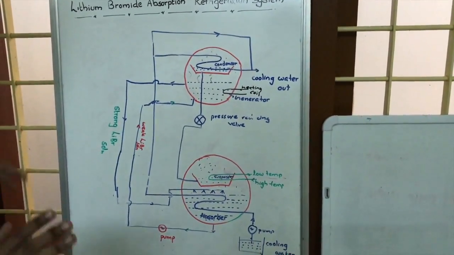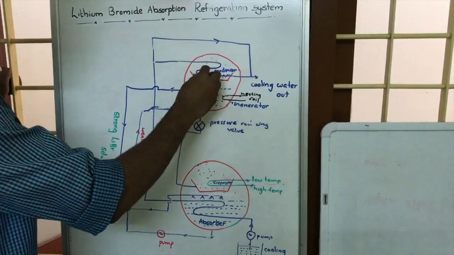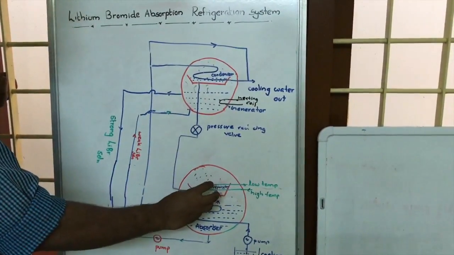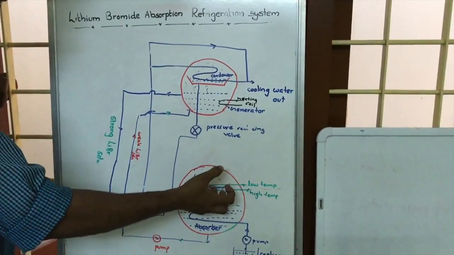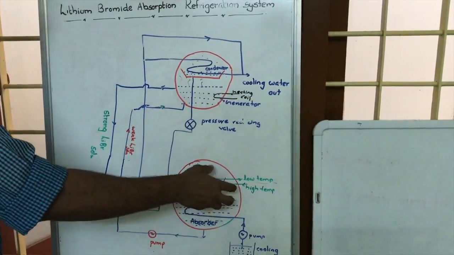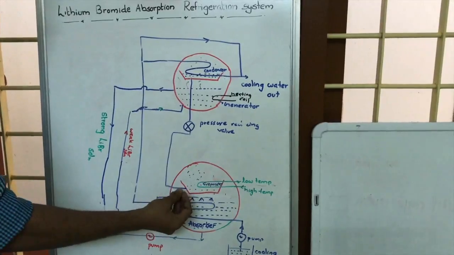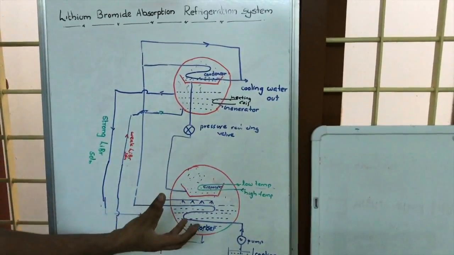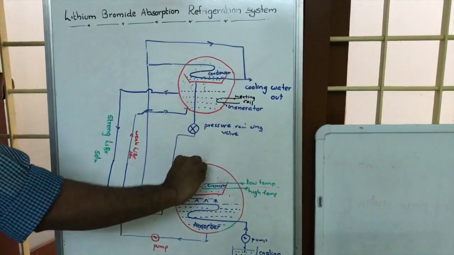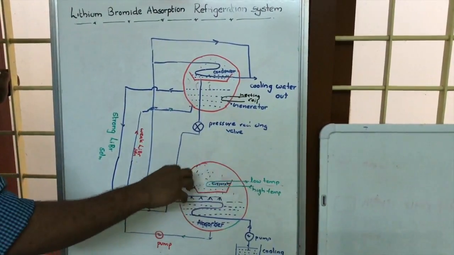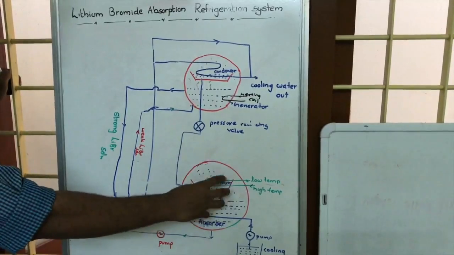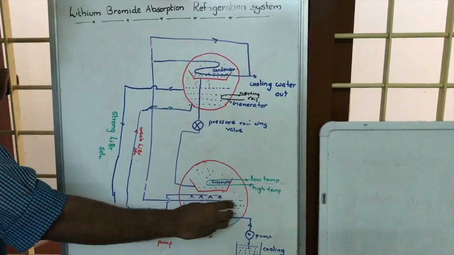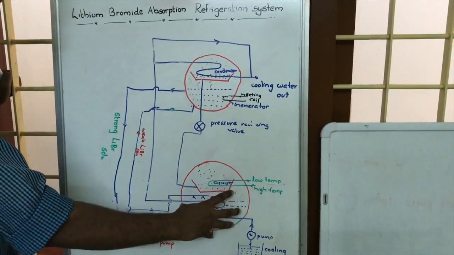If you are describing it, it will be like this: from the condenser we are taking the water, and that water is passed to the evaporator. In the evaporator, this water absorbs heat from the high temperature liquid, and it becomes water vapor. But as we are sprinkling the lithium bromide, which has a high affinity towards water vapor, this water and lithium bromide form a solution, and this solution gets accumulated in the absorber.